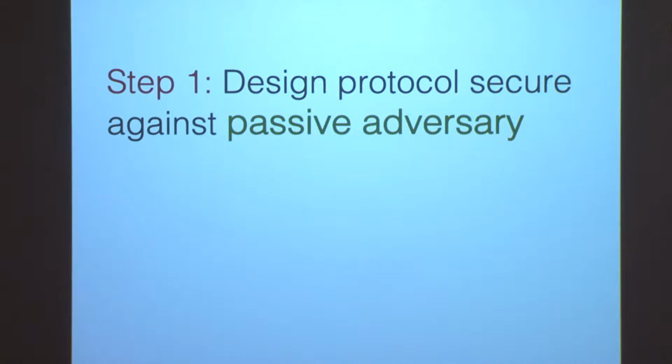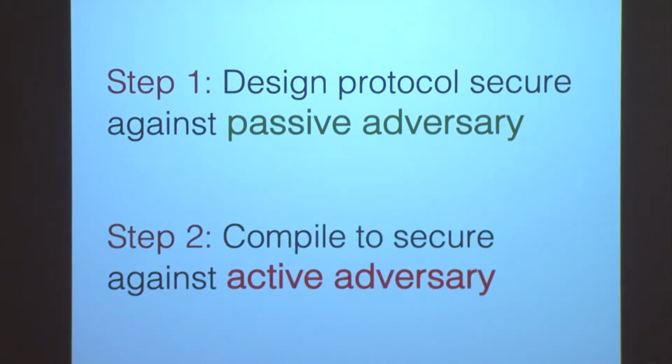These are participants who are willing to follow the protocol to the T and not deviate, but after the computation want to try to learn more than they should. So in other words, here you're worried more about privacy against these benign adversaries, and then you amplify the security to get full security, or security against malicious or active adversaries. So these are the 2 basic steps that we are going to follow.